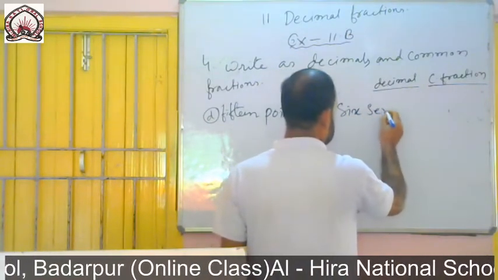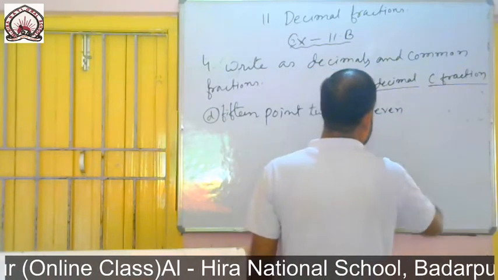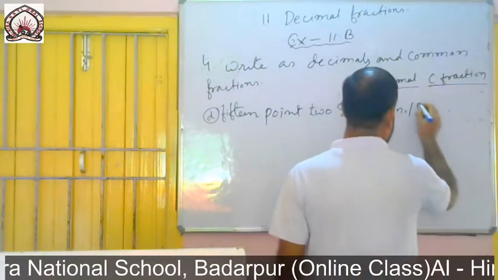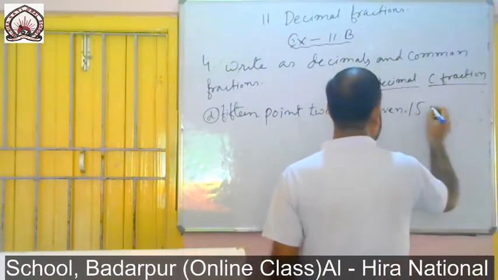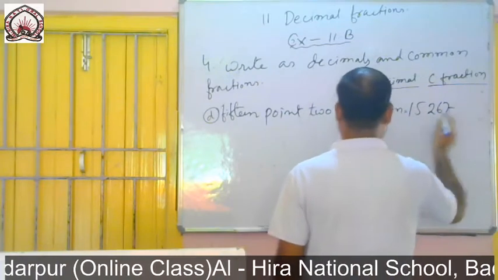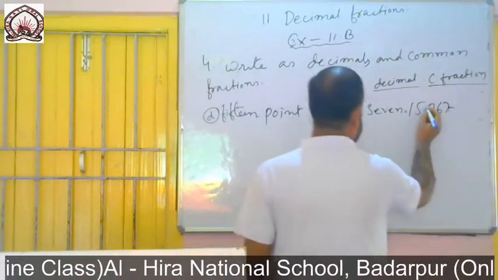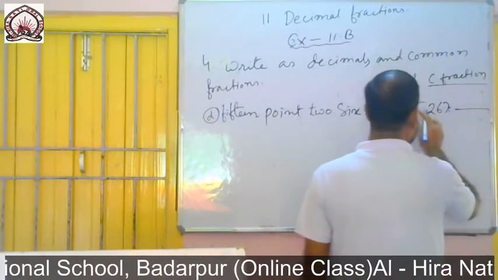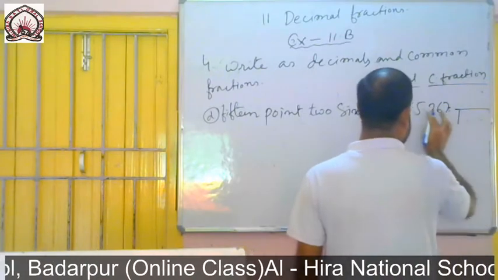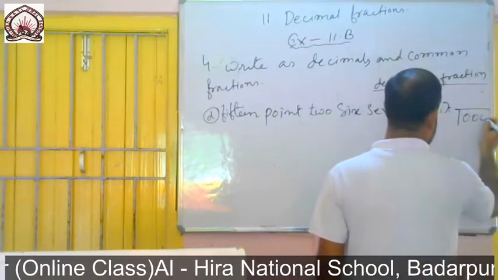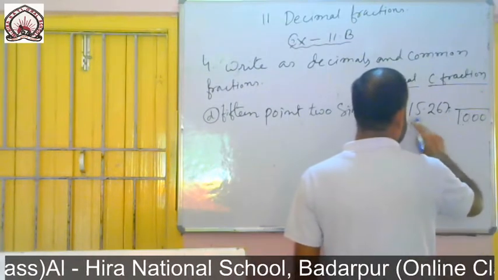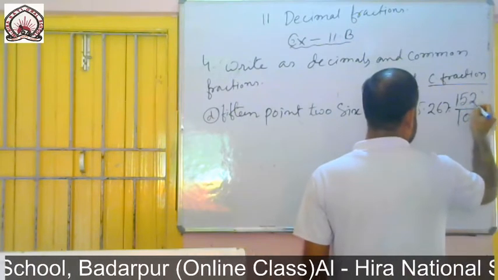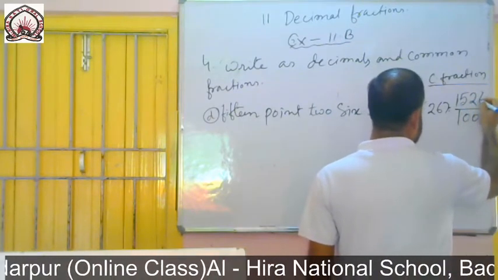So the decimal fraction is 15.267, and the common fraction is: in place of the point we give 1 and 3 zeros, and we write this number without the point, 15,267.